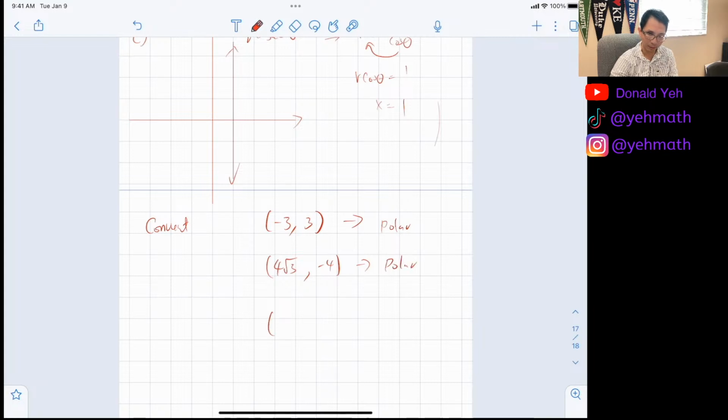And how about 3, 7 pi over 4? Can you convert this to rectangular? Remember, if you convert to polar, there are infinite answers. I just need one.